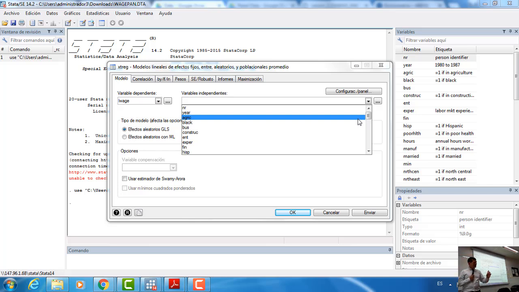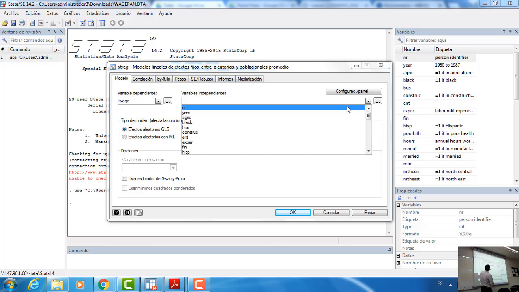No, the year is already used in the structure. It is used already, so we don't need to use it again. So let's now look at other variables that may be important. Now let's go in order, so that everybody gets the same variables. The next.